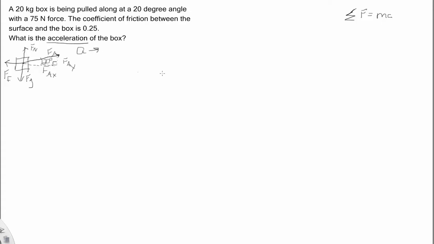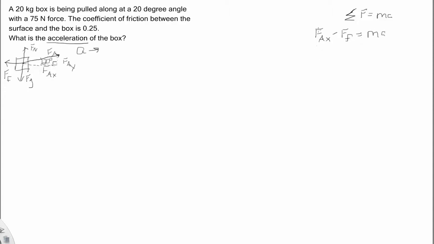The applied force horizontally is going in the same direction as the acceleration, so I'll make that positive. The force of friction is going in the opposite direction, so I'll make that minus FF, and that's going to be equal to my ma.